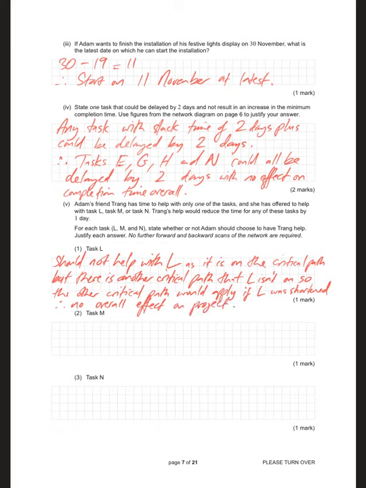Task M, what's going to happen in task M? Task M is definitely on the critical path. It's on both options. Should help with M, as it is part of both critical paths.